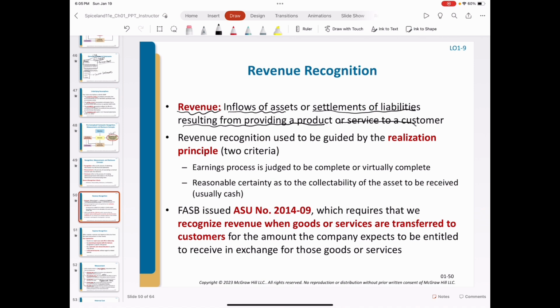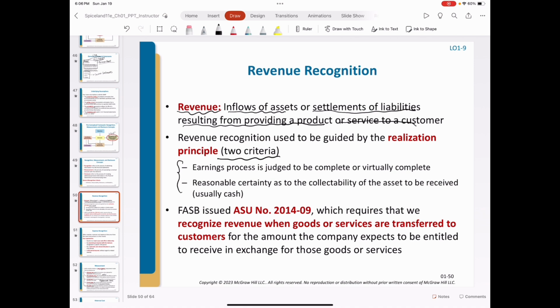Revenue recognition is also guided by the realization principle. There are two criteria for revenue recognition. One is that the earnings process is judged to be complete or virtually complete. The next is reasonable certainty as to the collectability of the assets to be received, usually cash.